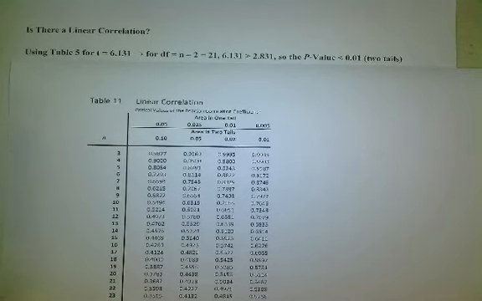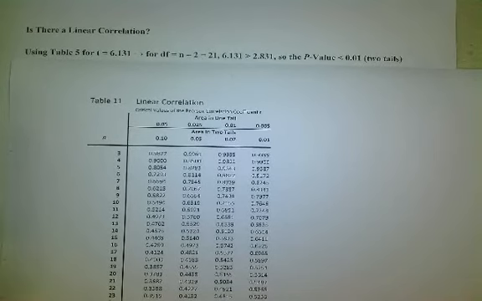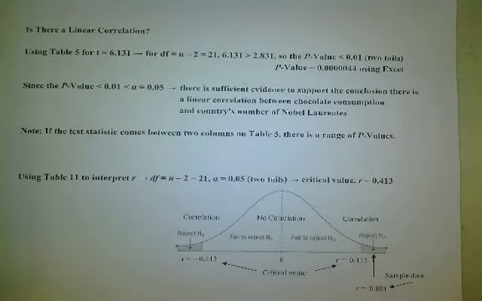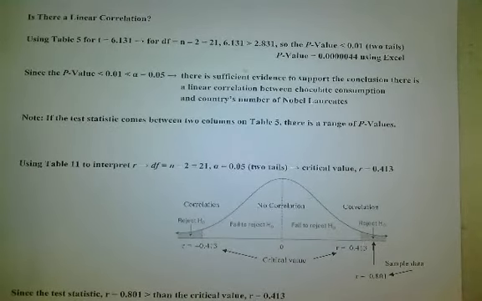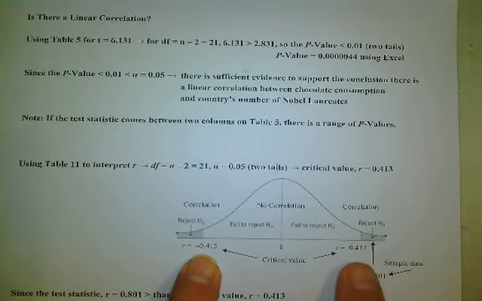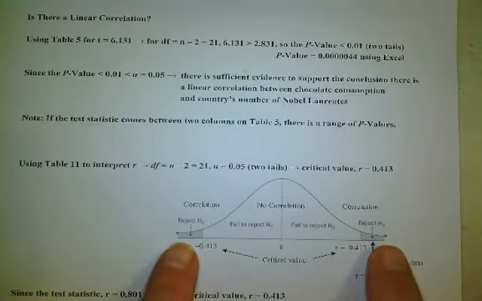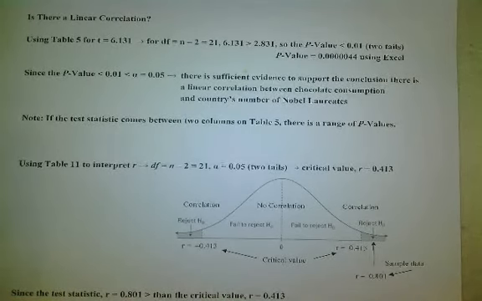Now again, this is if it's on the table exactly, and so there is our R. If our calculated value for R, which we have as 0.8, is beyond the 0.4 or the negative 0.4, that would be in the rejection zone. And in this case, if you're outside, then it is showing that there is a correlation.